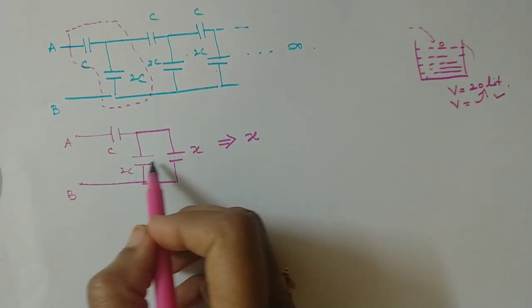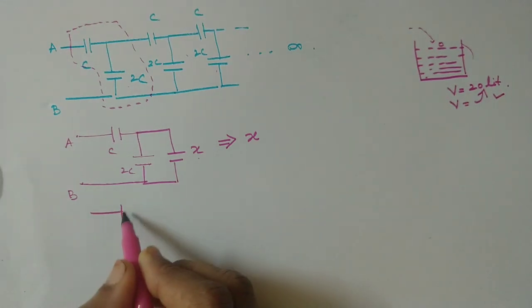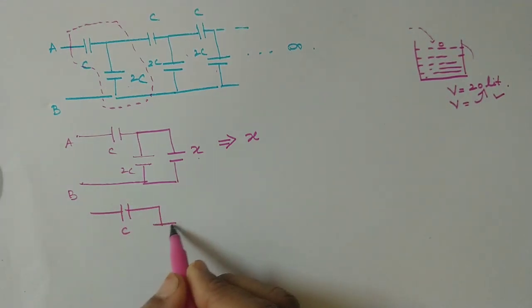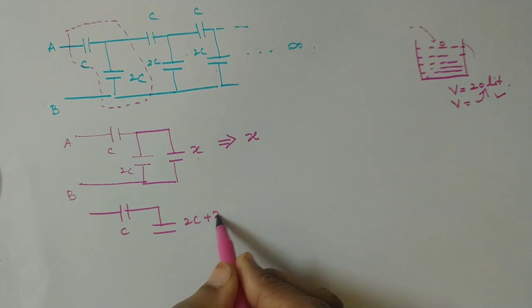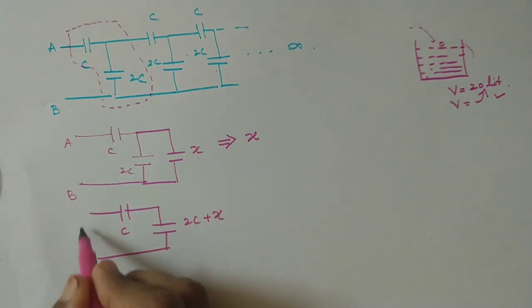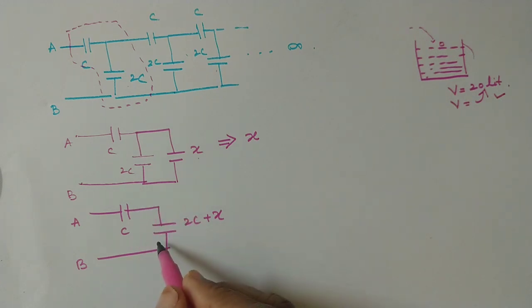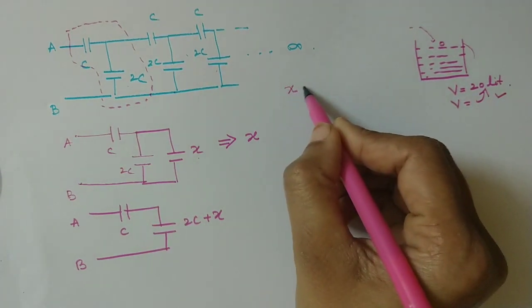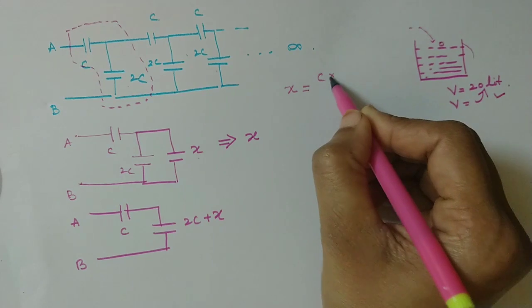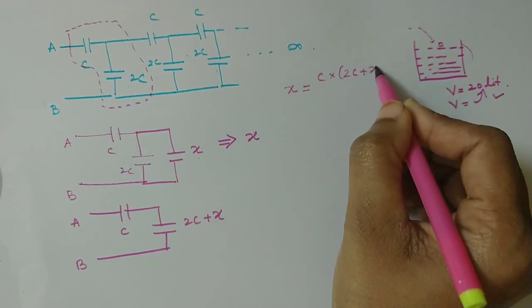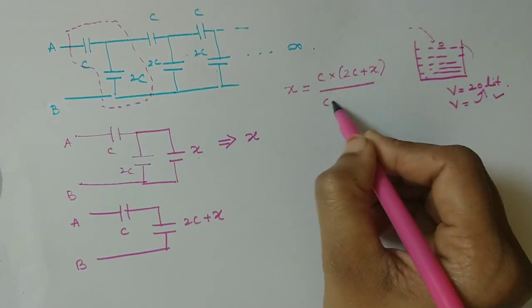See, 2C and X are in parallel combination. So till here it is C. This will be 2C plus X. Between A and B, now you can see these two capacitors are in series combination. So C equivalent, that means X, should be C1 into C2 by C1 plus C2.